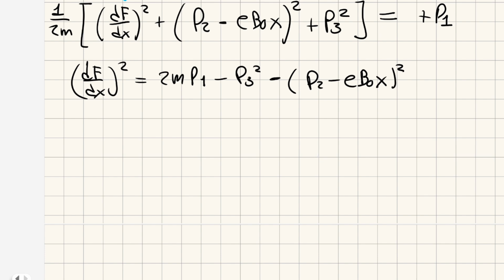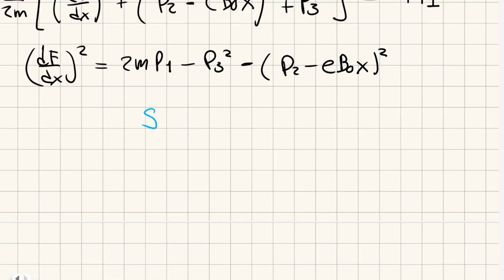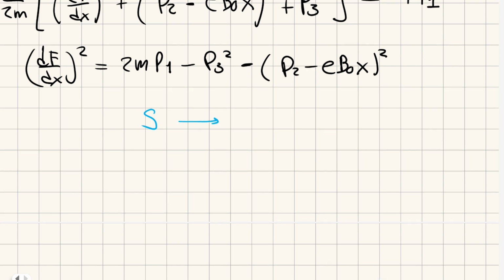Recall that we always propose a solution for the Hamilton-Jacobi equation S that is a generating function of canonical transformations. But recall that if a transformation is canonical, that means that the new coordinates generated satisfy the Hamilton equations.